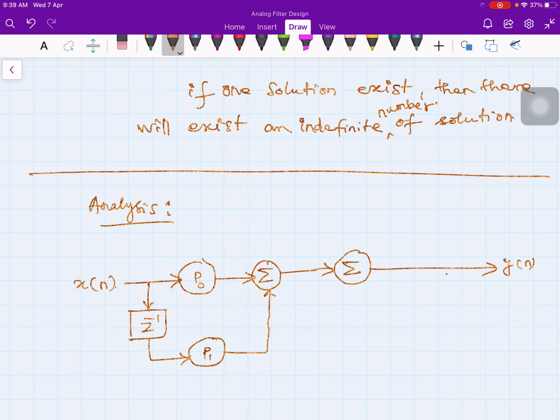Okay, there is a delay here, and there is a multiplier minus d1, and then adds here. Okay, so this multiplier is minus d1.